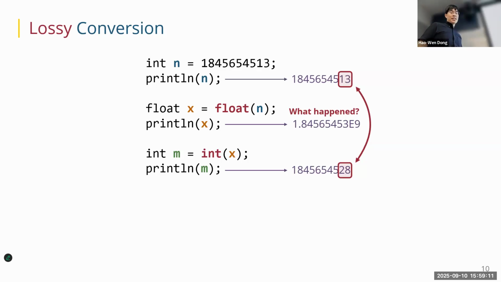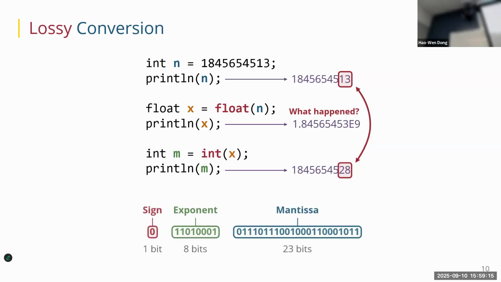What happened here is what I just talked about, the lossy conversion, where you have an exponent and a mantissa. You want to represent these things in the mantissa, but it doesn't have the precision to get all the final trailing numbers. That's why you potentially get a lossy conversion.